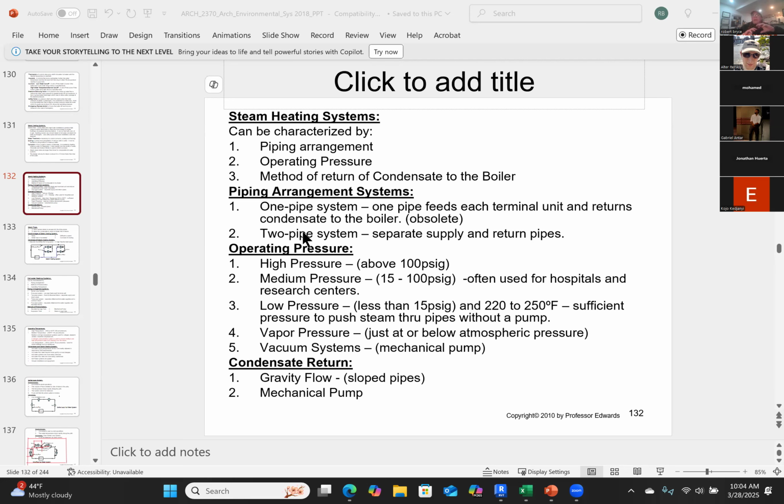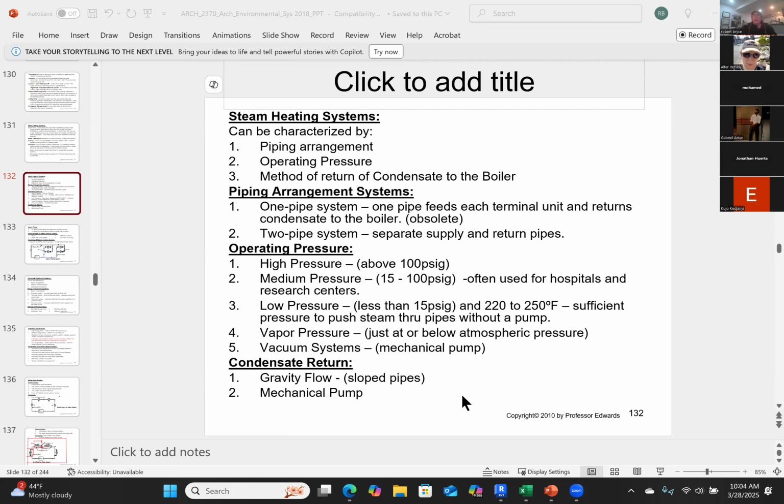One that provides the supply, and one that provides the return. So we need to supply that steam to the terminal units, the radiators, and we have to return that from the terminal unit to the boiler to change its state again back in there.